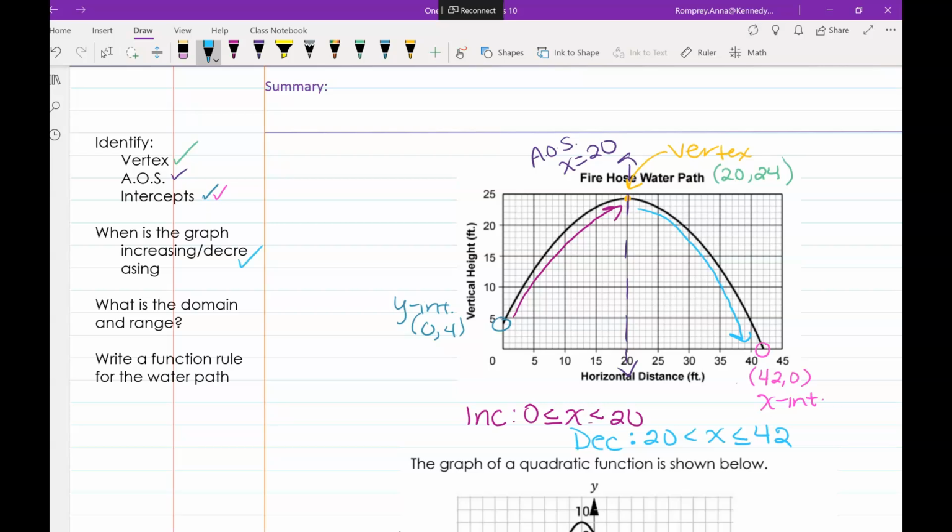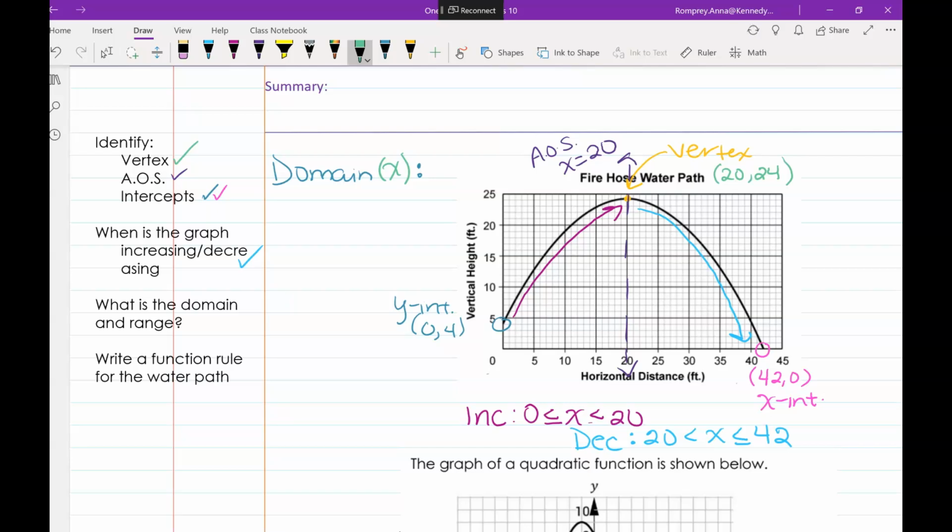All right, now what's the domain and range? Okay. So again, let's review. Domain. Who is the domain referring to? Well, the domain, that's all of our input values, our x's. So what is the minimum x? 0 when we start.